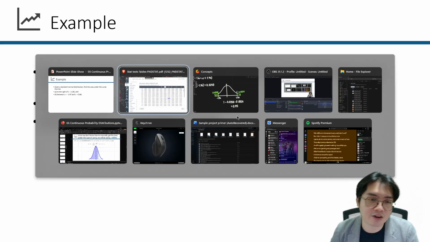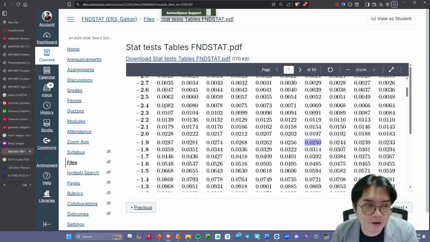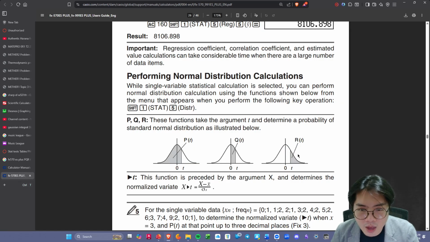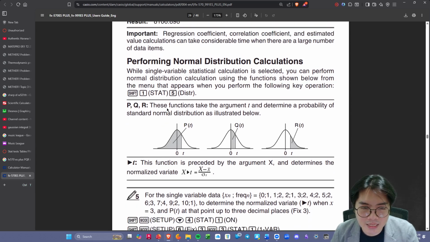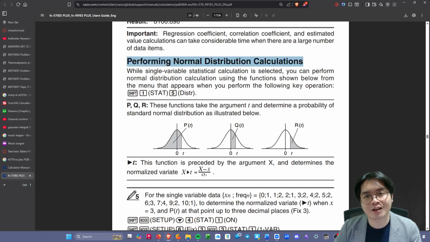What they have in here are functions that are called P, Q, and R. Notice what exactly is happening. In this case, we have performing normal distribution calculations. This is exactly what we need. Look at that.